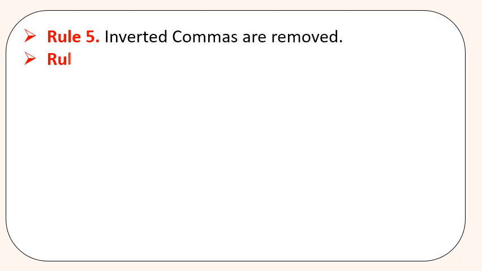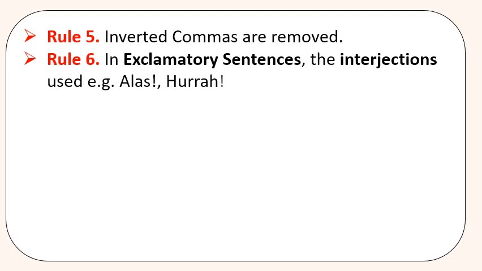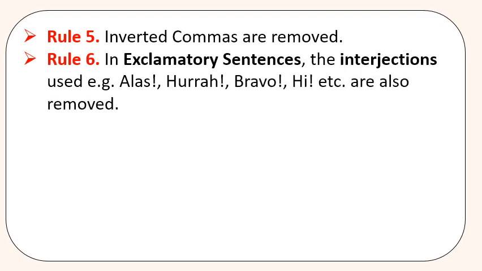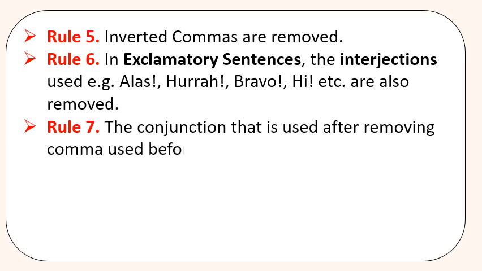Rule number 5 is, inverted commas are removed. Rule number 6 is, in exclamatory sentences, the interjections used, for example, alas, hooray, bravo, hi, etc. are also removed. Rule number 7 is, the conjunction that is used after removing the comma and inverted commas used before the reported speech.